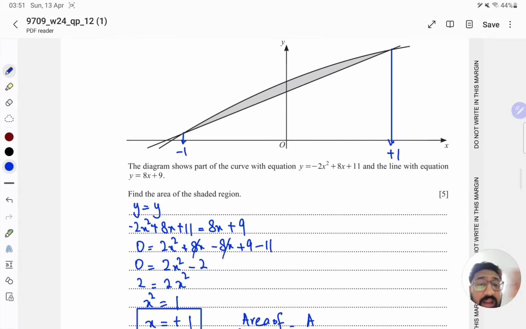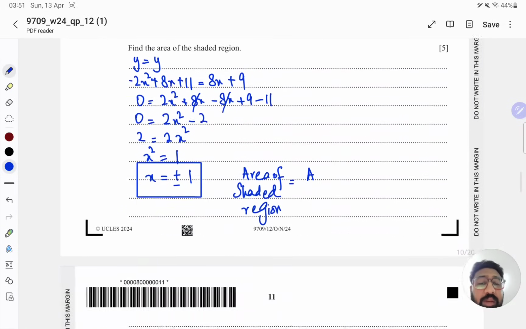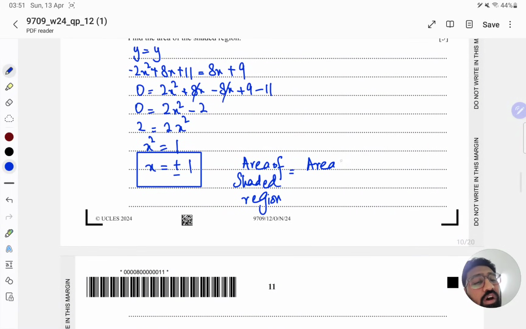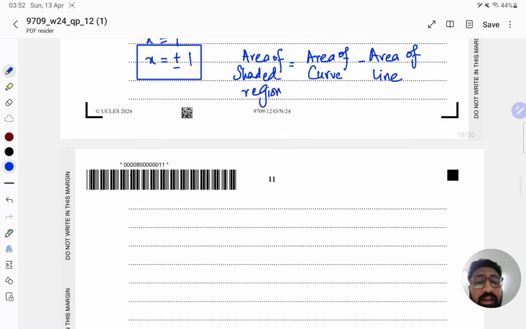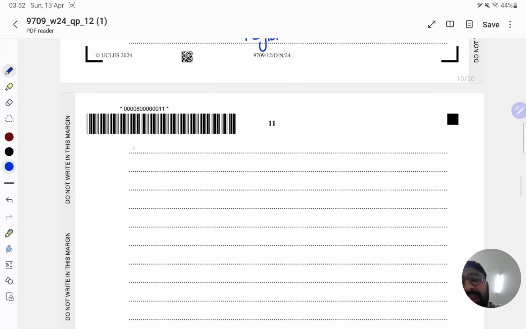In our case, the curve is up and the line is below. So area of curve minus area of line, basically area under the curve. So let's find the area of the curve first. Area under the curve.